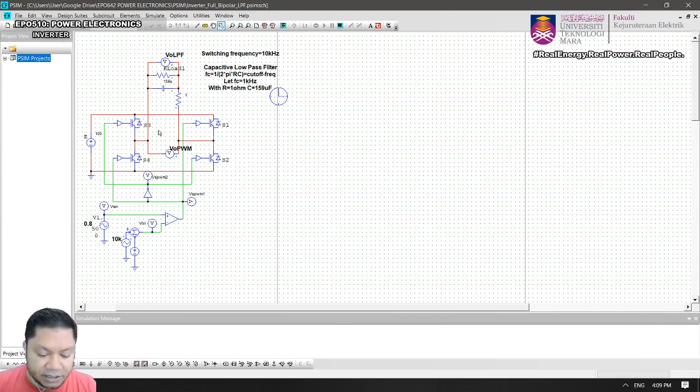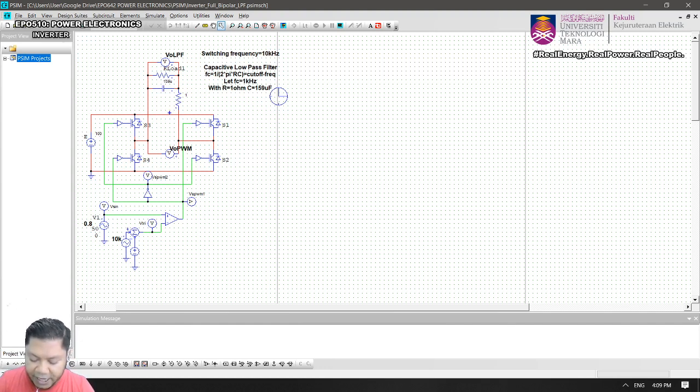So in this example, I'm going to show you the low pass filter by using the capacitive low pass filter. So the component only consists of this R and C, capacitor.